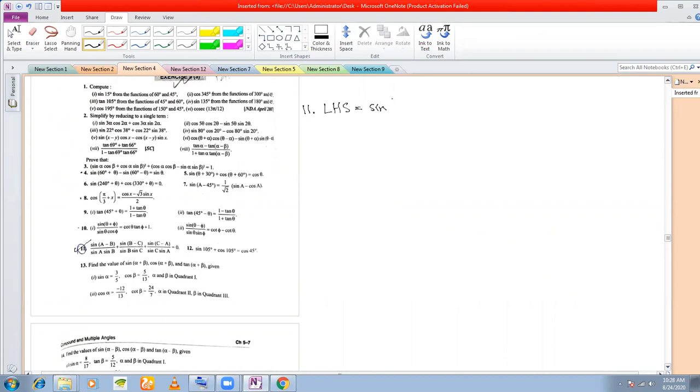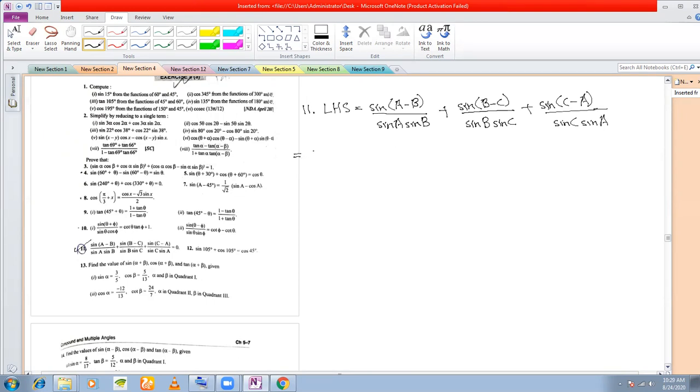Sine A minus B divided by sine A sine B, plus sine B minus C by sine B sine C, plus sine C minus A by sine C sine A. You need to prove that this is equal to 0.